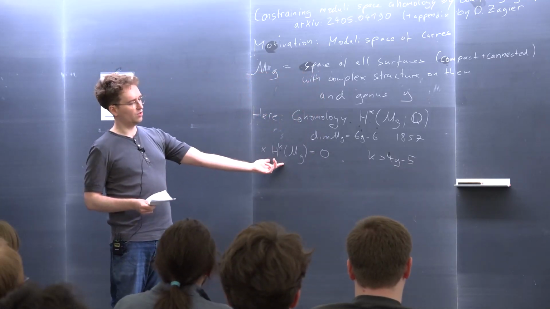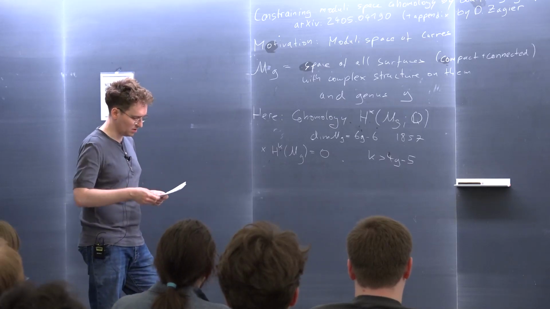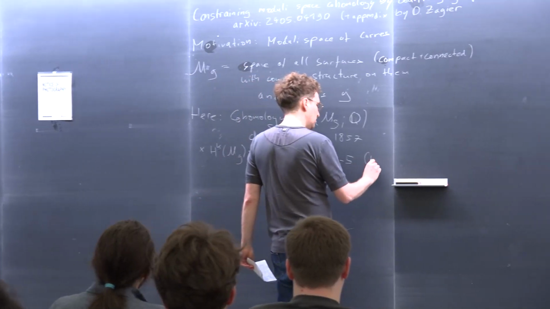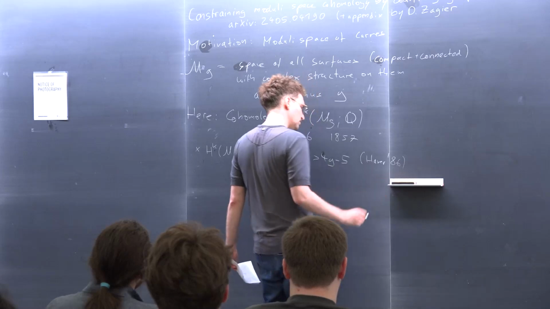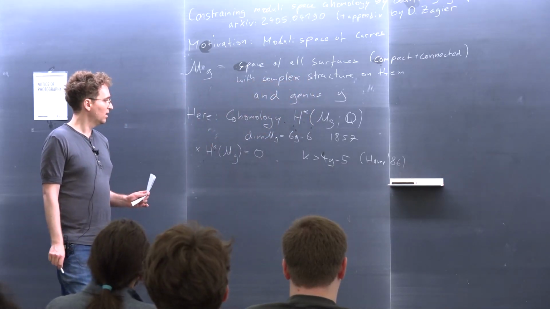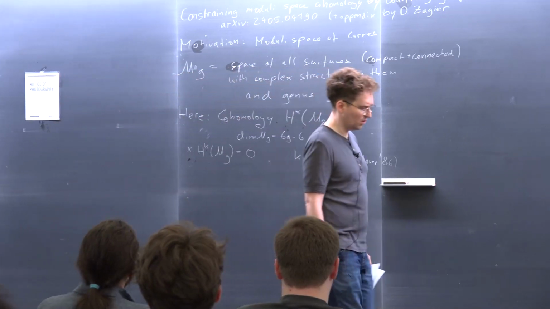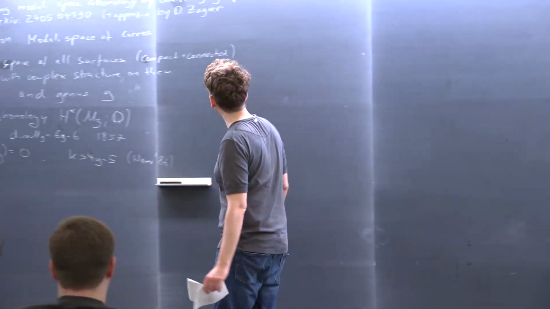So the topological dimension of this moduli space is smaller than the actual dimension. And this is a key result by Harer in 86.